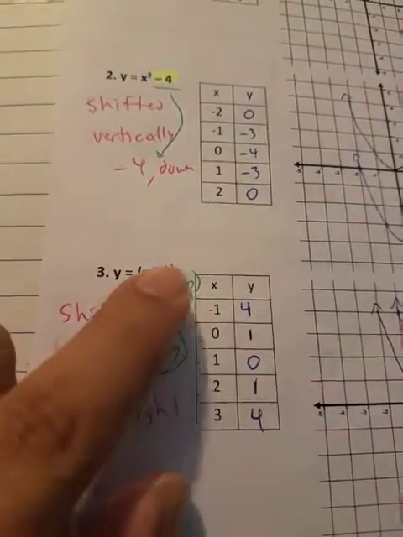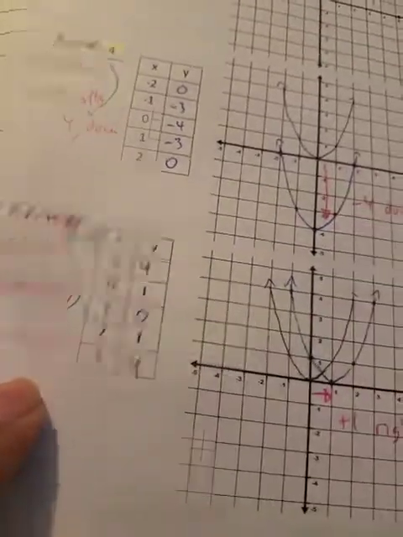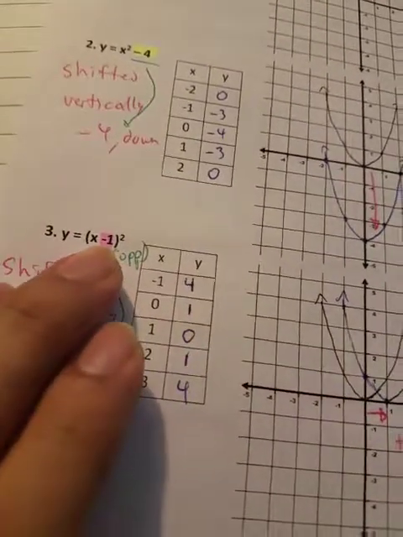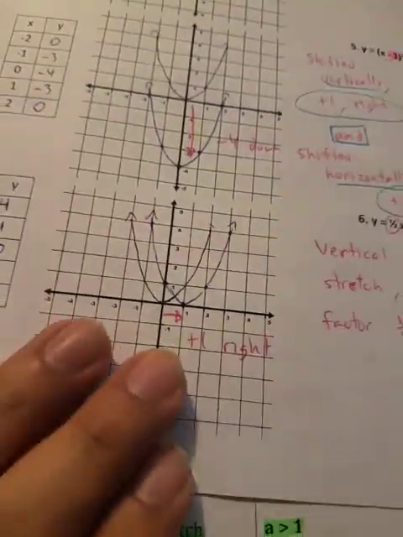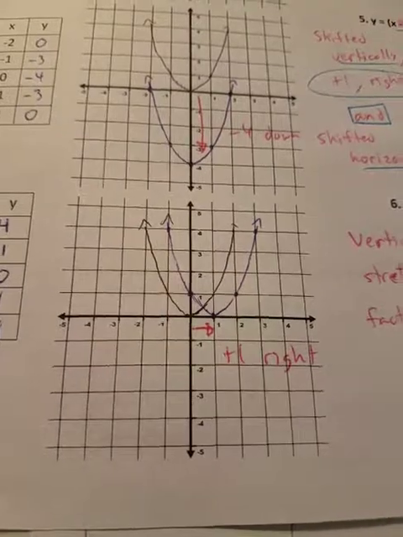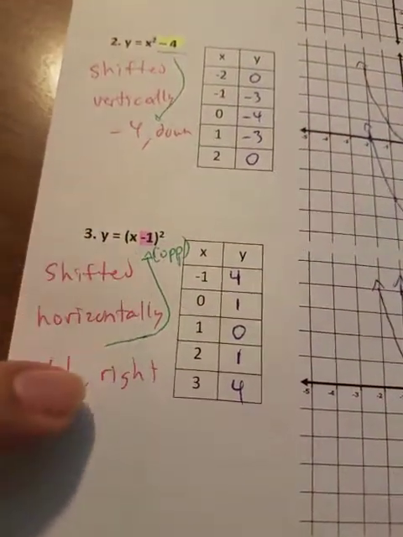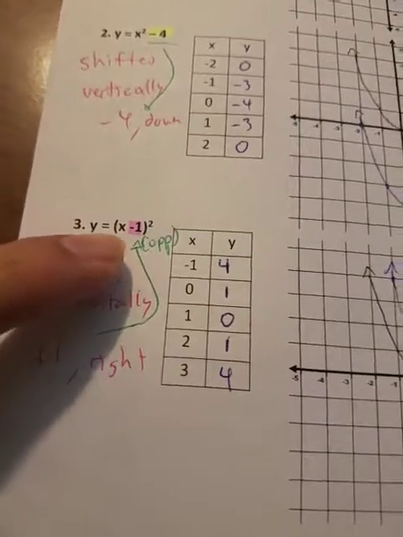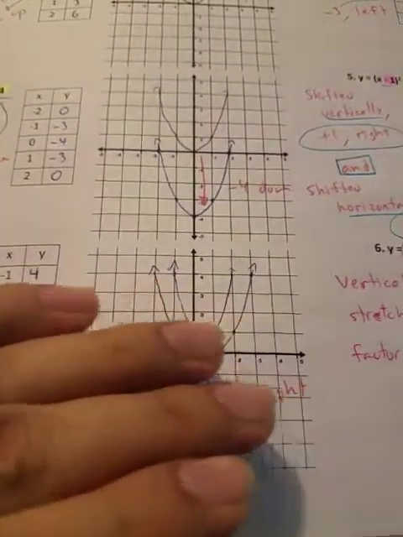If you see a minus 1, it's the positive 1. Positive means to the right. So if you just see a number being affected inside with the x, this happens. It's a shift to the right 1 because of that minus 1. That makes it shift to the right.